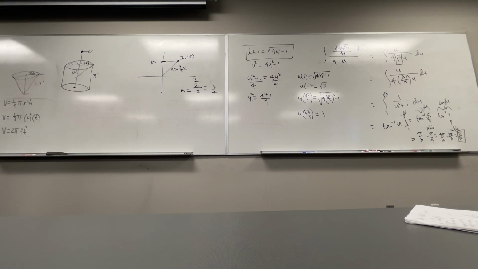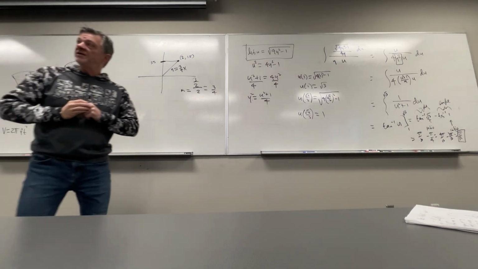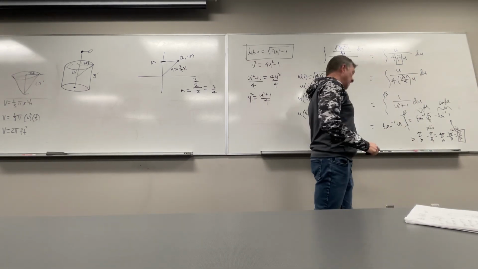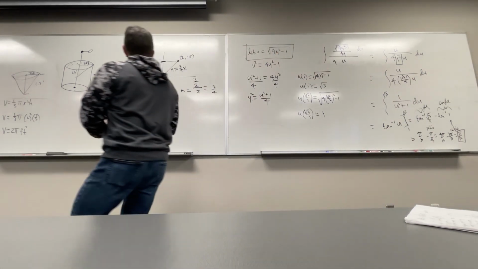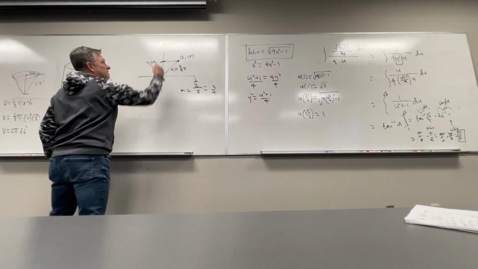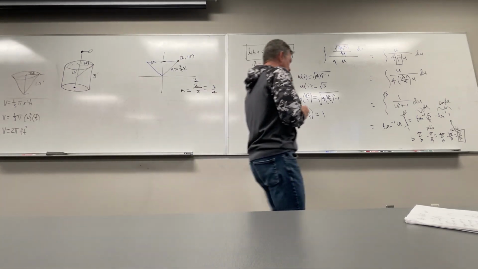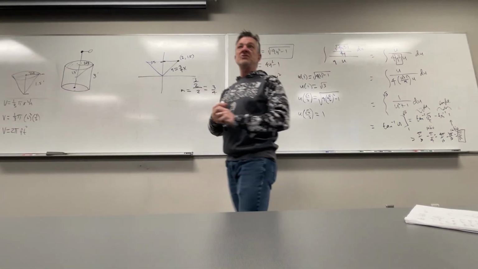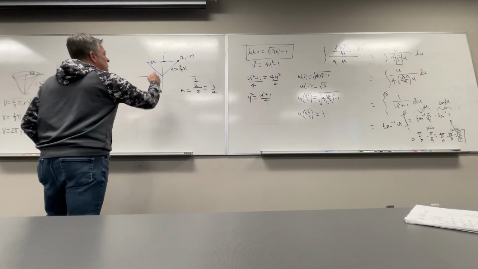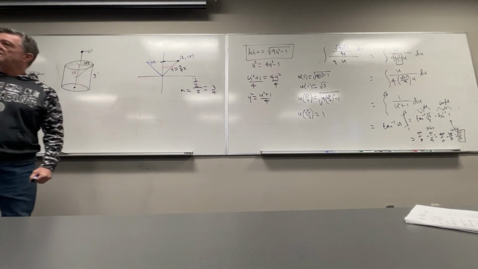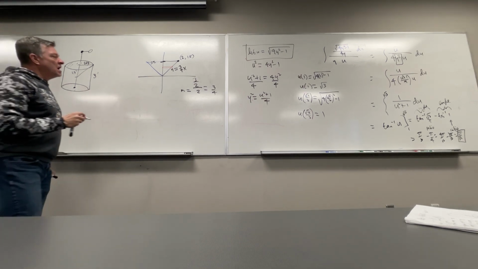Okay, now let's think about something. If I was to rotate that thing around, once I got 180 degrees around, so let's think about when I get to a half of a rotation, I'd be over here, wouldn't I? It would look exactly the same over on the other side. And if I was to draw a representative rectangle, just like we do with those areas between curves, I'd have that right there, wouldn't I?